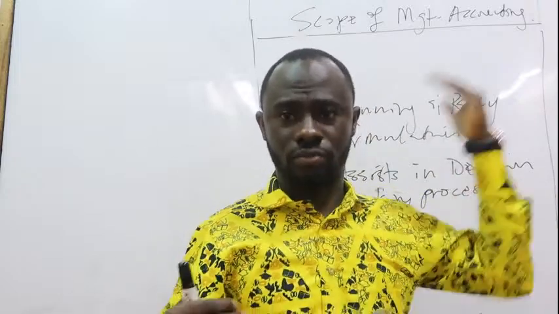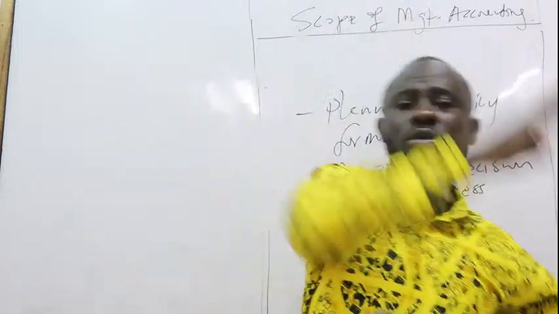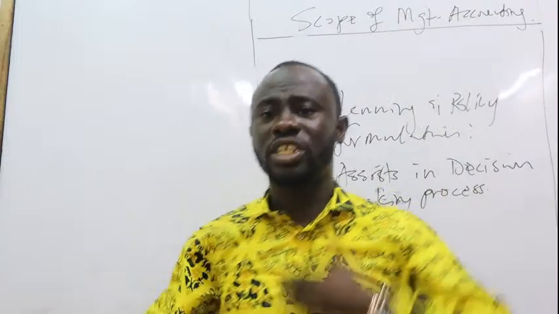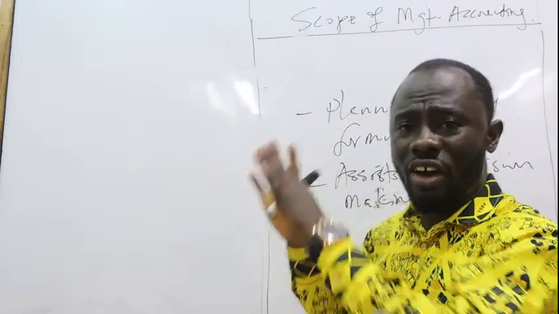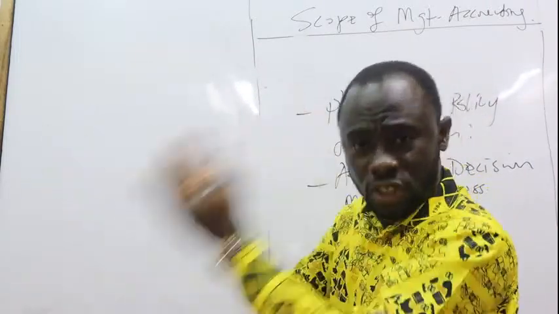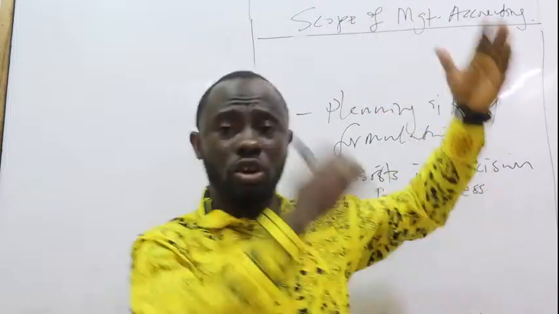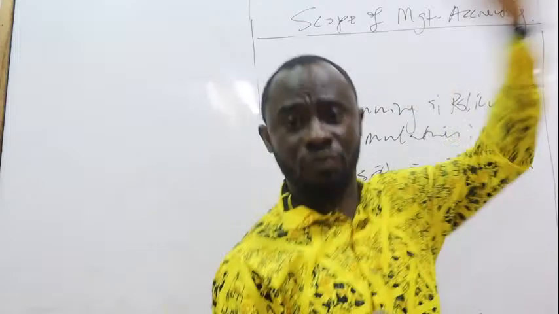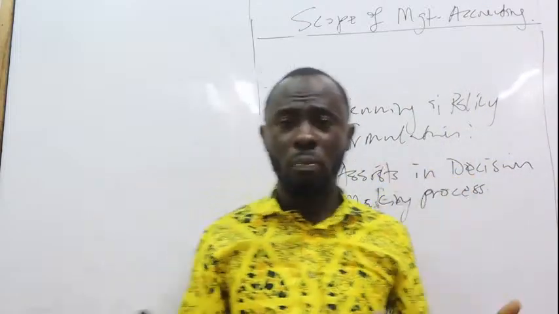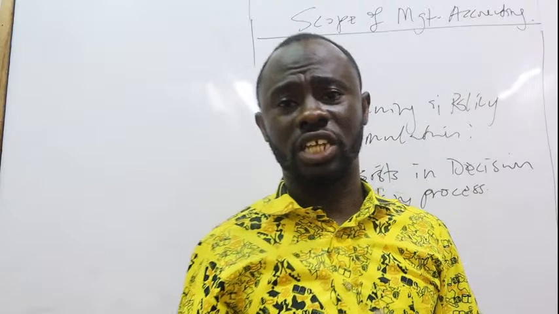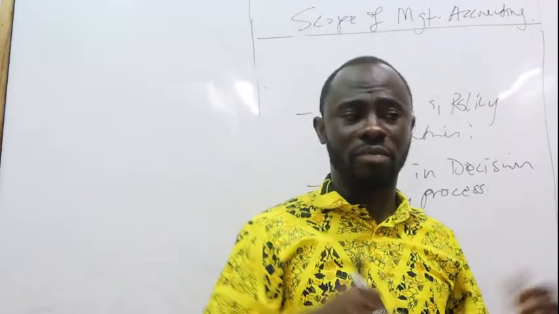Through what? Management accounting. So management requires that information, and they cannot just rely on the final account, which is based on historical information alone, but also the management account, which is based on both historical as well as future information, so they can decide what policies, what pricing strategies they can implement in order to maximize the welfare of the shareholders.